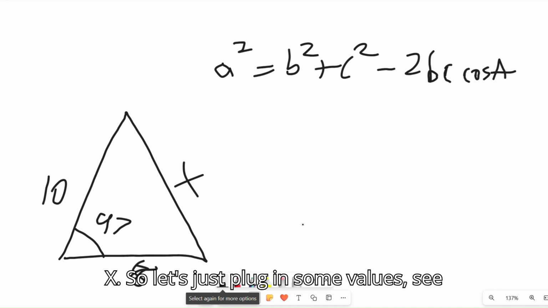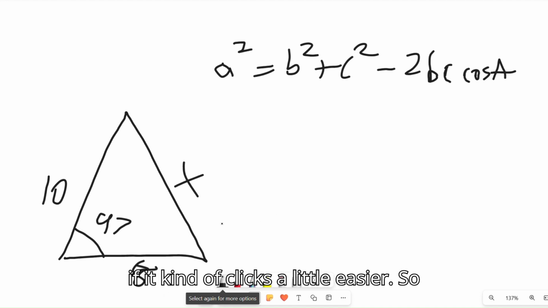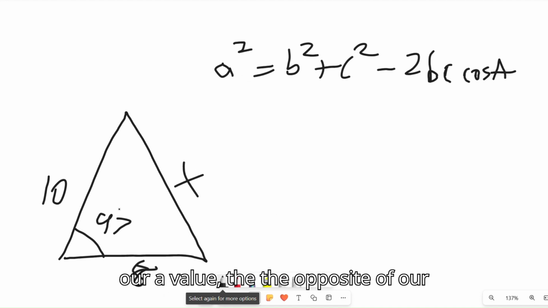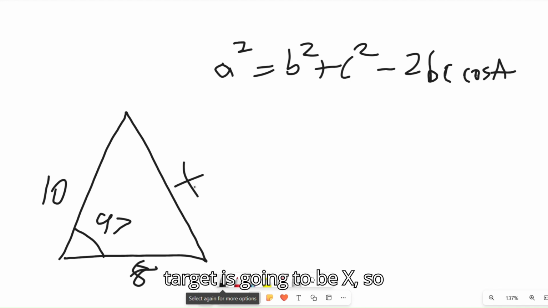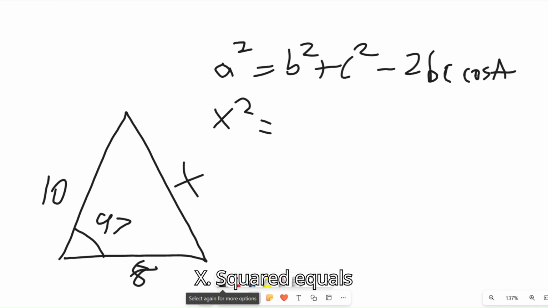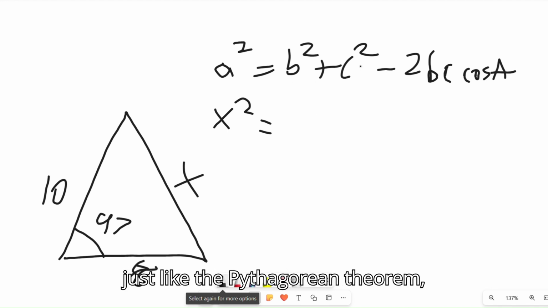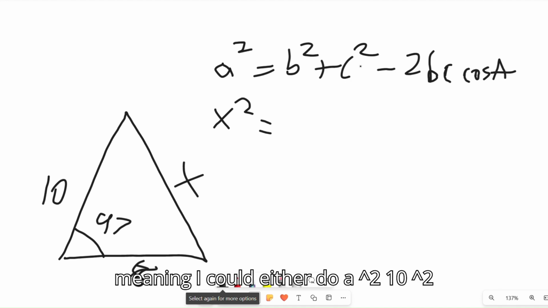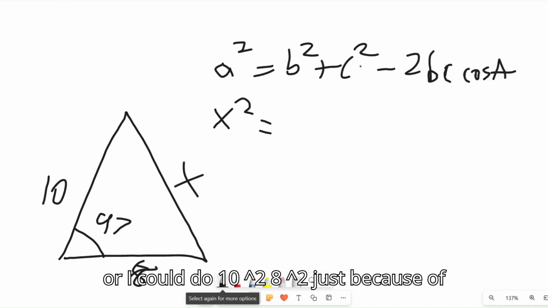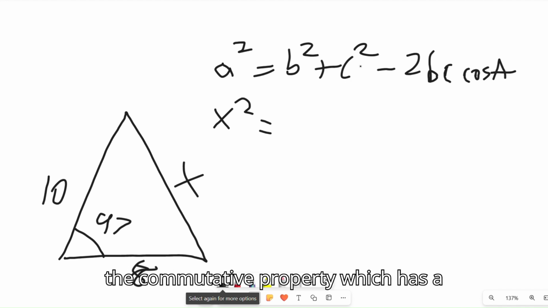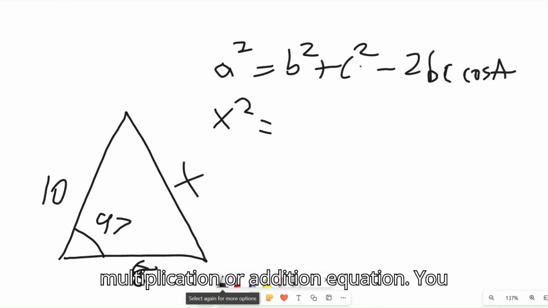So let's just plug in some values, see if it clicks a little easier. Our a value, the opposite of our target, is going to be x. So x squared equals b squared and c squared, which are interchangeable, just like in the Pythagorean theorem, meaning I could either do 8 squared plus 10 squared, or I could do 10 squared plus 8 squared, just because of the commutative property, which applies to a multiplication or addition equation.